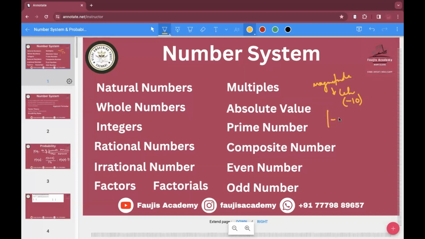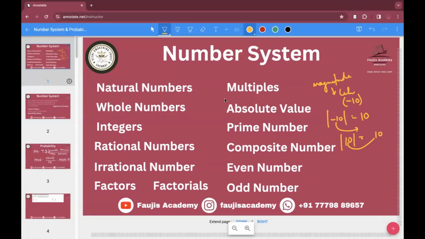We put this -10 inside the bar, and when a negative number comes out of the bar, it gives us a positive number. Right, guys? And what if we put 10 over here? It will come out as a positive number, 10.